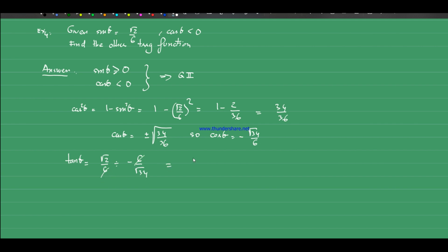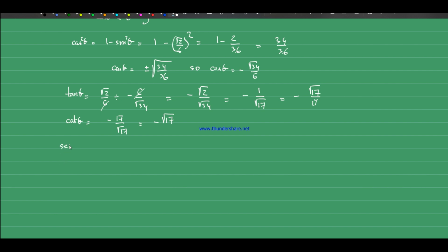Over here you're gonna end up with negative square root of 2 over square root of 34, which is negative 1 over square root of 17, which is negative square root of 17 over 17. And the cotangent will be negative 17 over square root of 17, which we rationalize. So we have negative square root of 17.